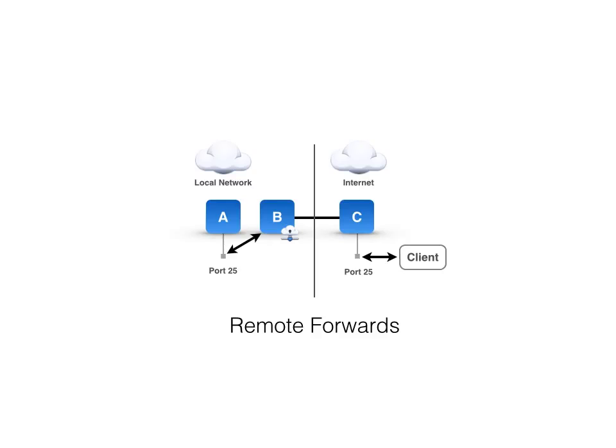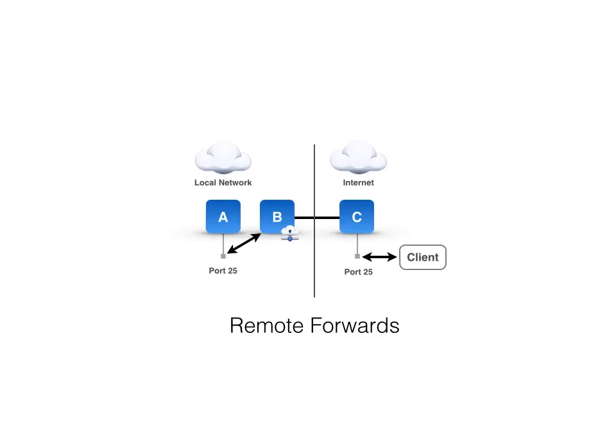So the way this works is the server running Secure Pipes, which in this case is B, you can see with the little icon on it, sets up an SSH connection to server C, the cloud server, and that runs on port 22. That's an outgoing connection from the local network to the internet, which is normally not blocked. SSH on server C will then bind to port 25 and accept connections there.